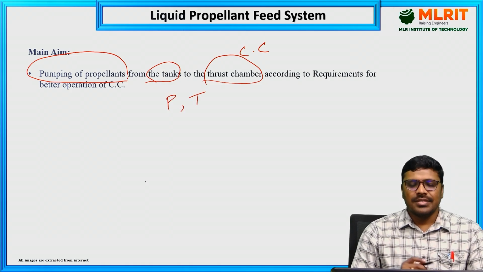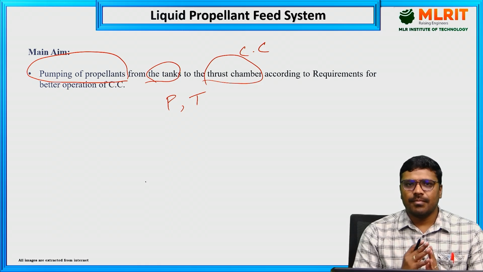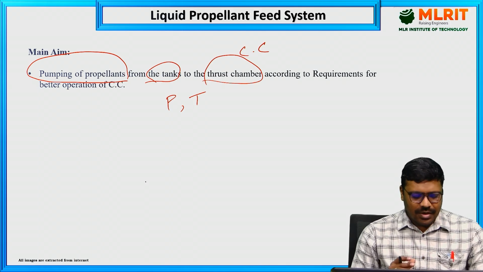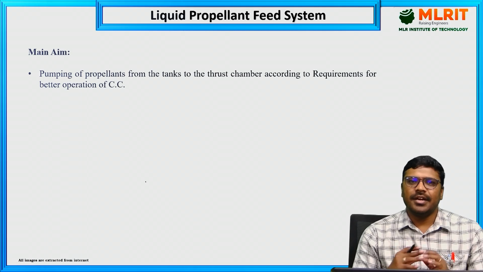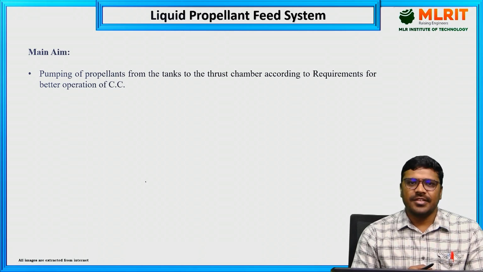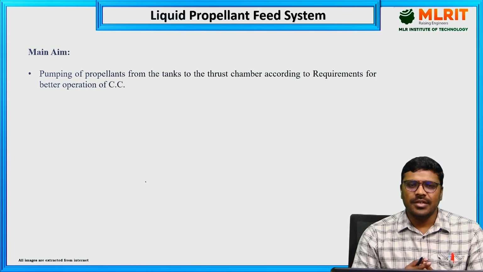If you do not provide the propellant at the required pressure and temperature, the combustion process in the chamber will be affected. It will not be efficient. So the combustion process is completely dependent on the propellant feeding system. It is a very important component of the liquid propulsion system.